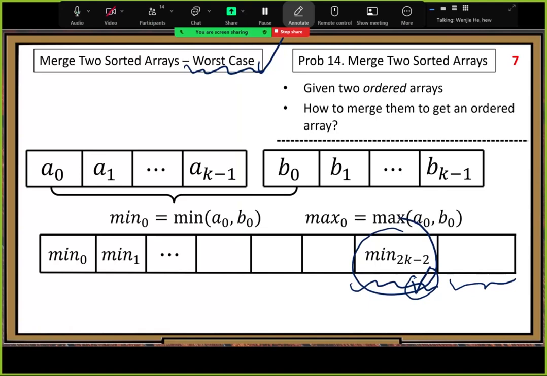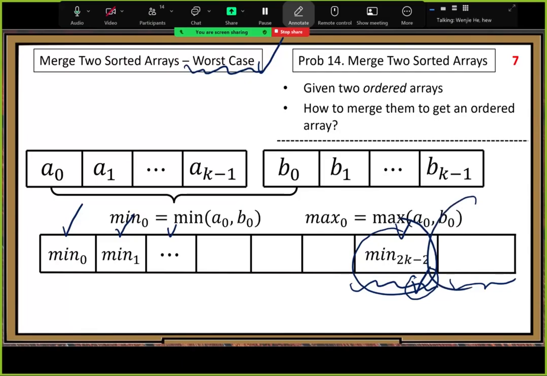Now you can count how many total comparisons we need for the worst case. For each element put in place, we need one comparison, except the last one.